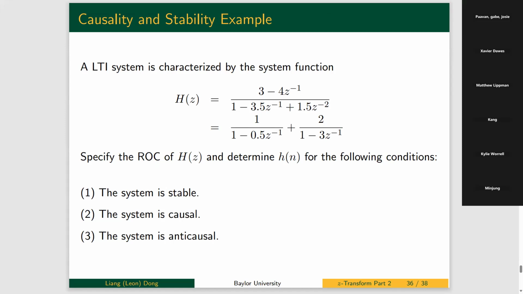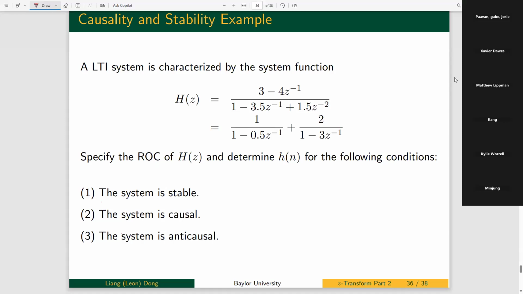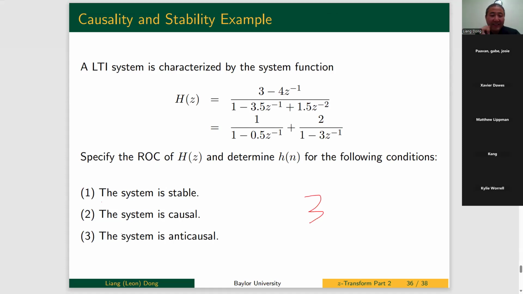The poles... Thank you. That's correct. So there are two poles, 3 and 0.5.